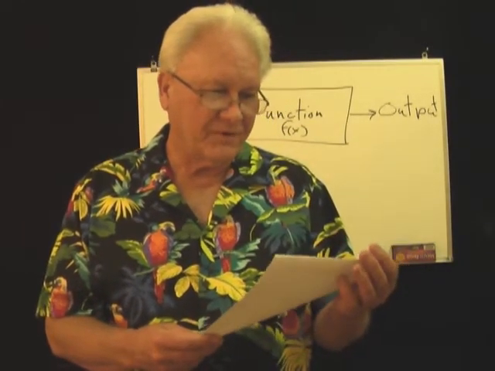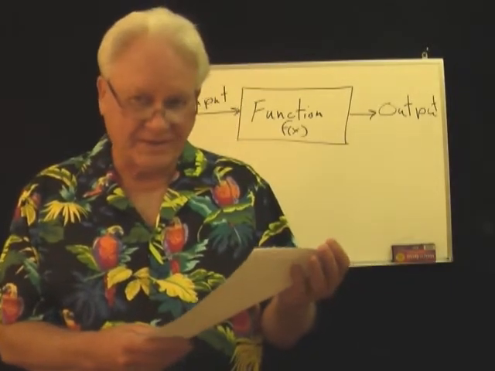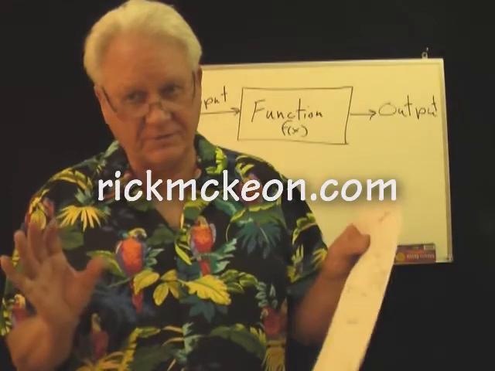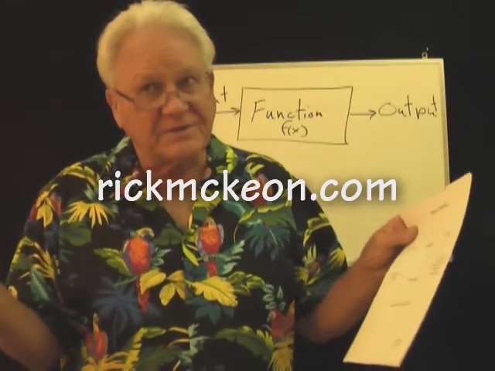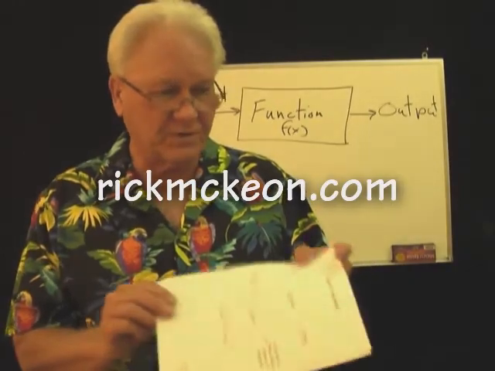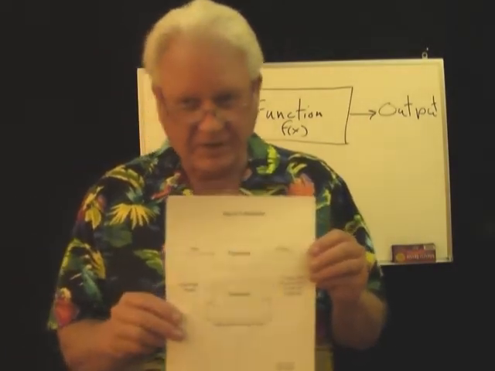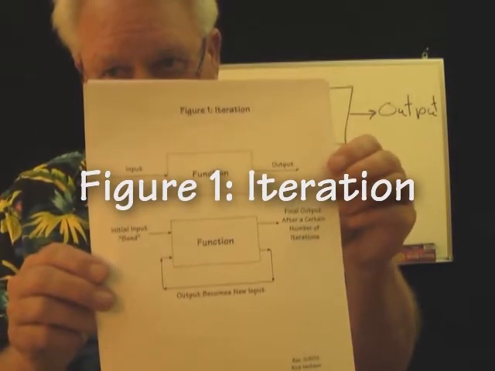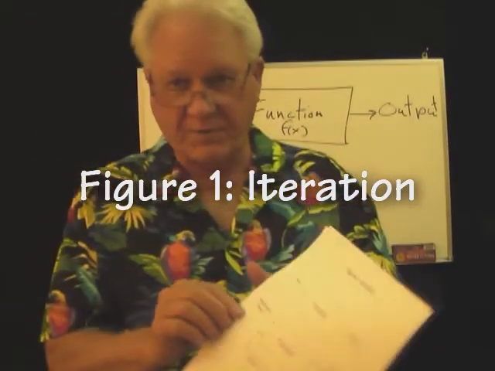I also have for you on the website at rickmckeon.com two figures to go along with this particular lesson. This lesson is an introduction. One figure is called Iteration, and I know you probably can't see that very well on the screen, but it's on the website in PDF format.